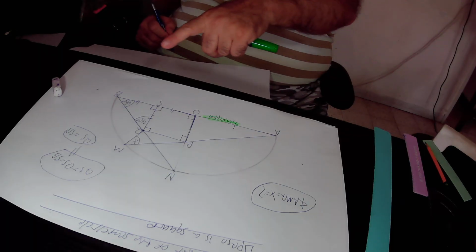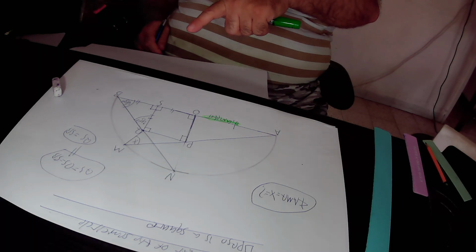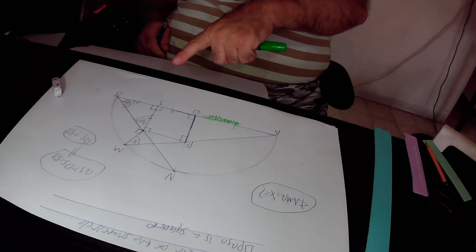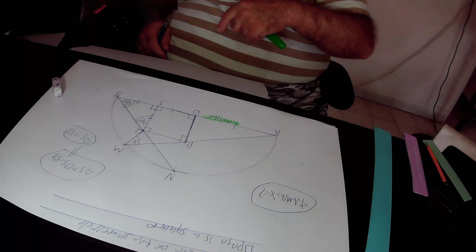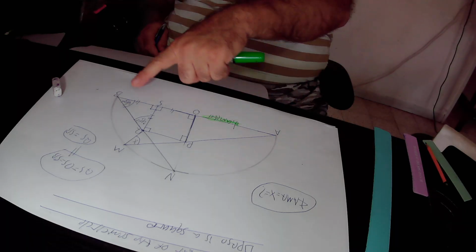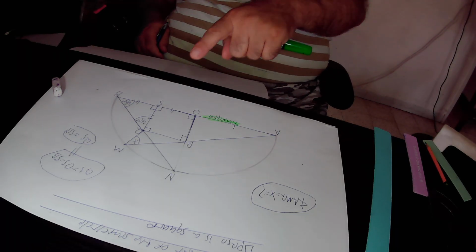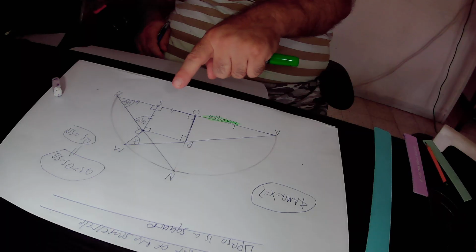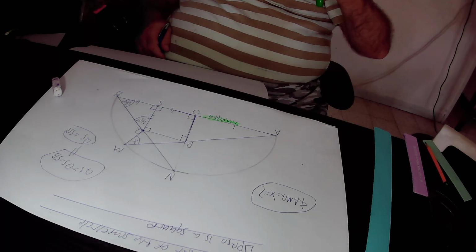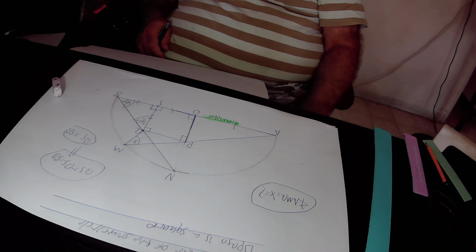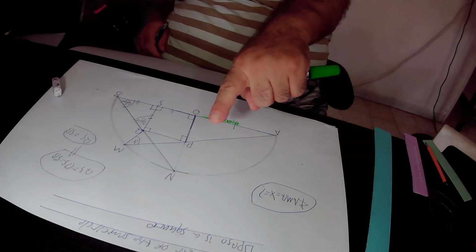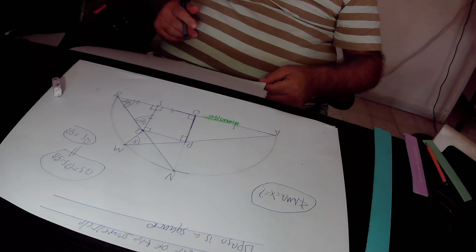We joined points B and Q by a straight line, then we extended the straight line BQ. In this way we got line segment BN. When we extend a straight line by a straight line, the result must be a straight line. So BN is also a straight line. If you focus on the left side of the straight line BN at point Q, here the sum of the angles must be equal to 180 degrees according to rule 3. So which angles do we have at the left side of the straight line BN at point Q?